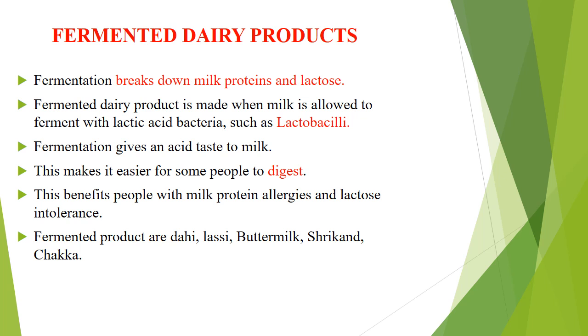During the fermentation, the milk proteins and lactose get broken down, and this fermentation improves the taste of the milk, and it also improves easy digestion. The fermented milk products are dahi, lassi, buttermilk, shrikhand, chakka. So these are the fermented dairy products, and we'll see about dahi.